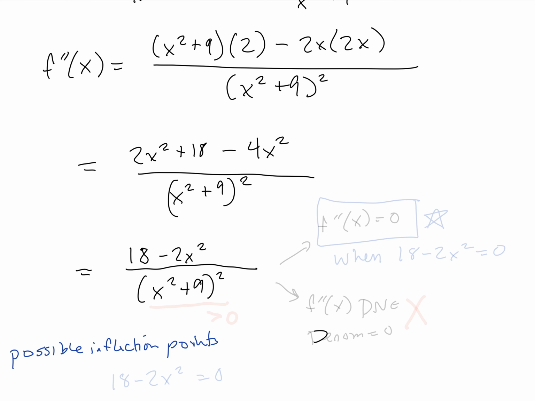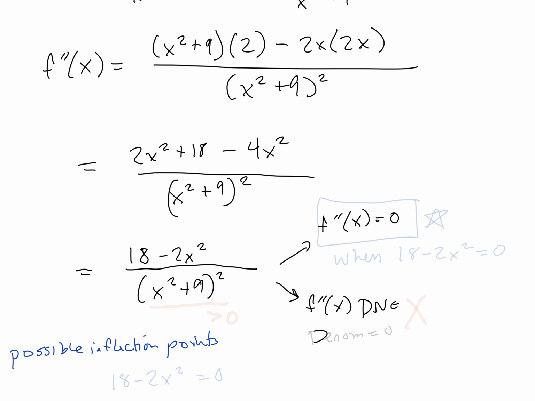So where does this second derivative either not exist or equal 0? So we're looking for the critical points, and we know that those critical points or critical numbers are either places where f double prime of x equals 0, or f double prime of x does not exist.